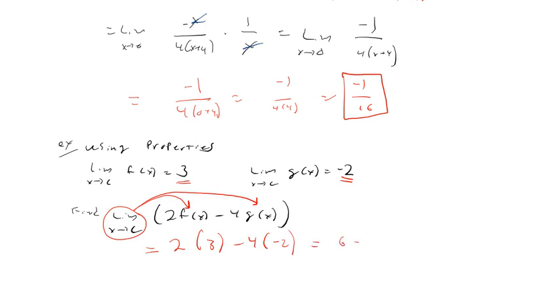That's the last kind of question you'll see using these properties. Just know that when you have these complicated equations, all you're doing is plugging in the limits for the functions, and you get the answers they give you. Plug in the limits.